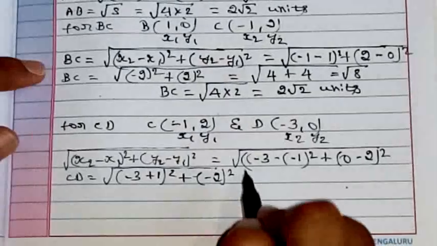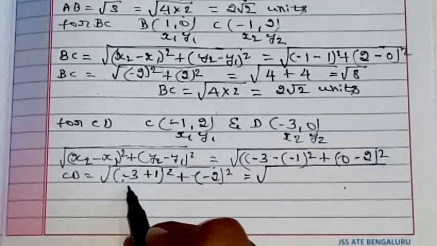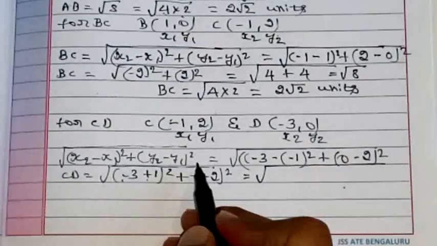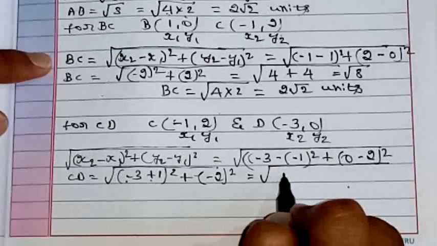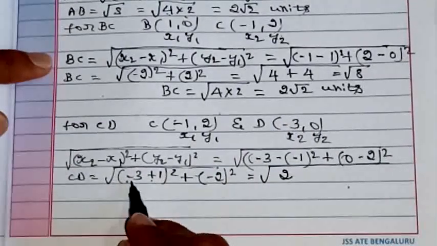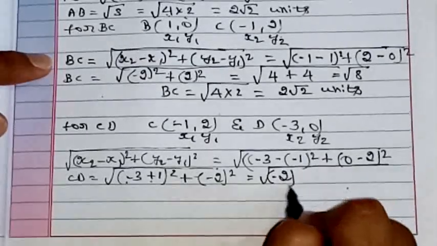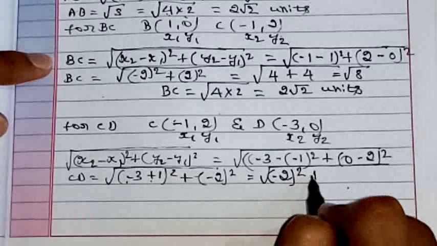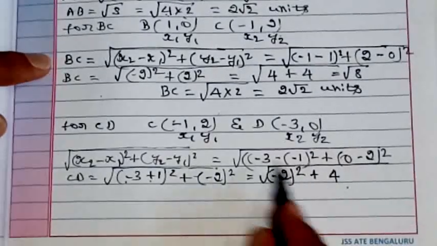So that's equal to square root of, now subtract, minus into plus is minus, so you need to subtract. So 3 minus 1 is 2. Sign of the biggest number, the biggest number is 3 and sign is minus, so therefore minus 2 whole square plus, any minus square will be plus, so therefore 2 square is 4.